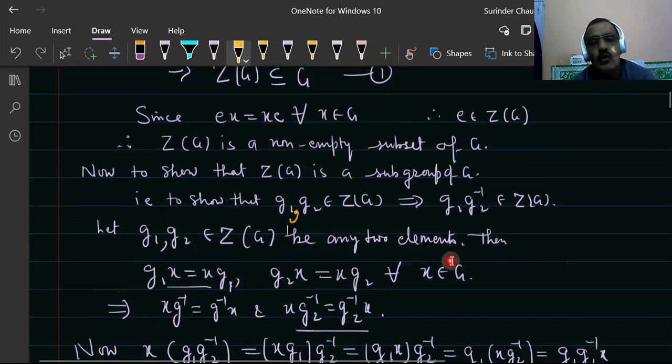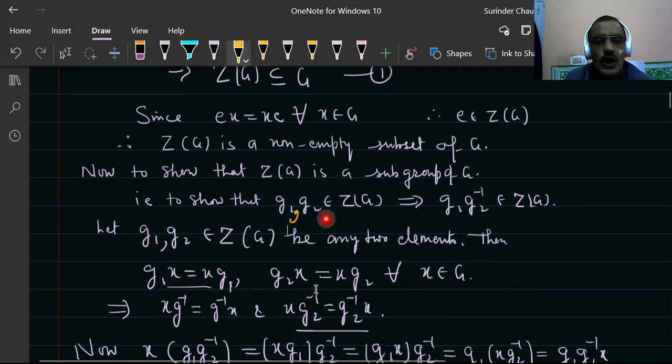If they belong to Z(G), it means they commute with all the elements of G. If x is any arbitrary element of G, then g1 x is equal to x g1, and g2 x is equal to x g2. So this is given. Since Z(G) is a subset of G, g1 and g2 also belong to G. So g1, g2, x are all elements of G and G is a group. Therefore, the cancellation law holds true.